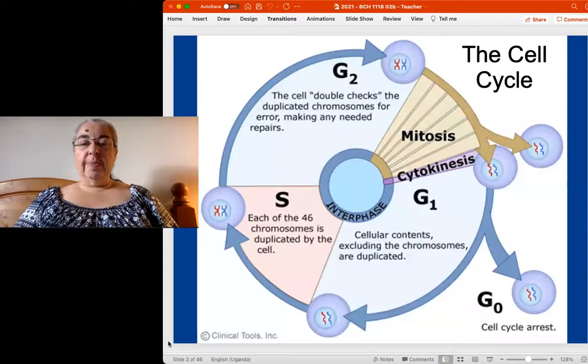Okay, so just to remind you what we were talking about last time, we saw that the cell cycle is a series of ordered stages that every cell has to go through as it divides to make two new cells.